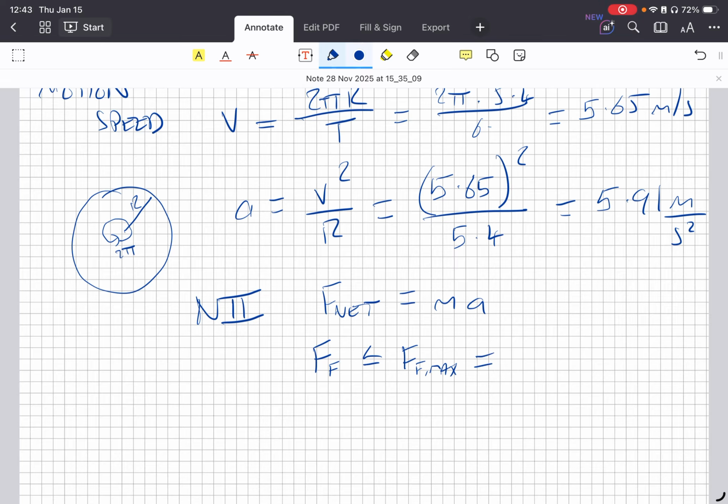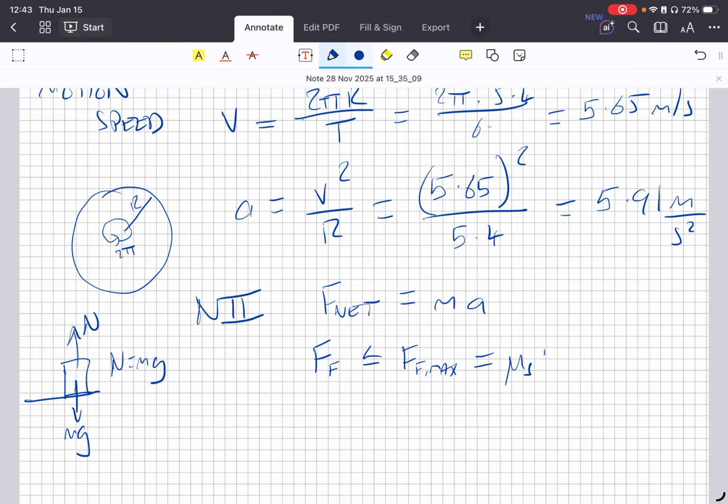And that frictional force is given by the coefficient of static friction multiplied by the normal force. If you think about the cat, I'm not going to attempt to draw a cat sitting on this merry-go-round, the two forces that are acting in this direction are its weight, mg, and the normal force. Because it's not floating off into space or sinking into the disk, these two things must be equal.